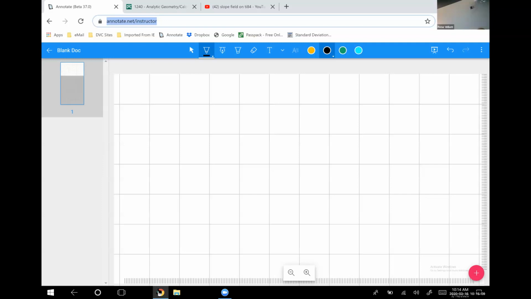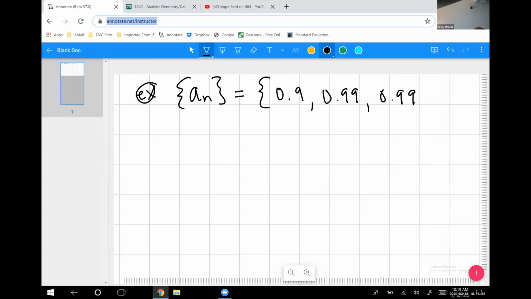So for example, let's say we had a sequence a sub n, and let's say we had 0.9 as my first term, 0.99 as my second term, and so I have 0.9, 0.99, 0.999.